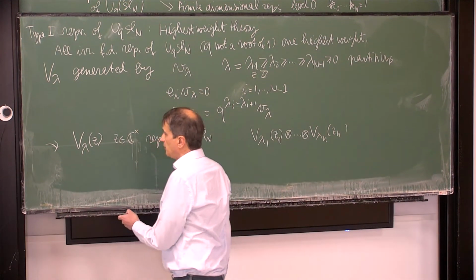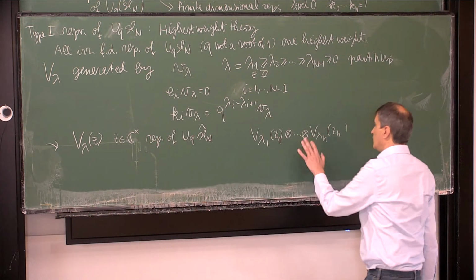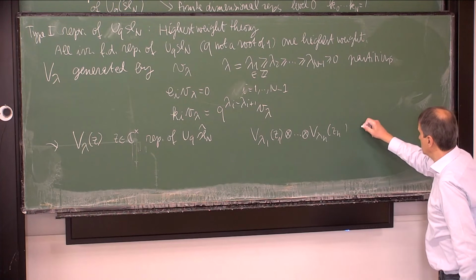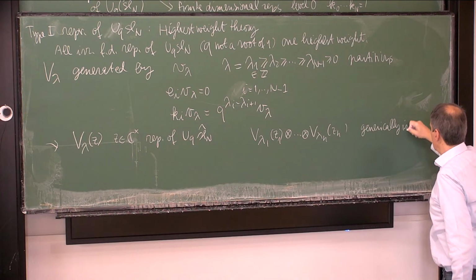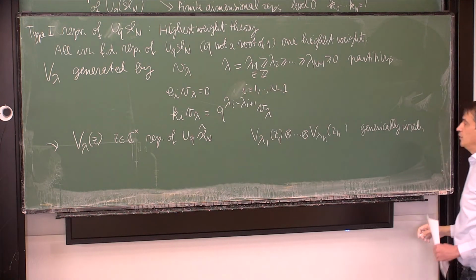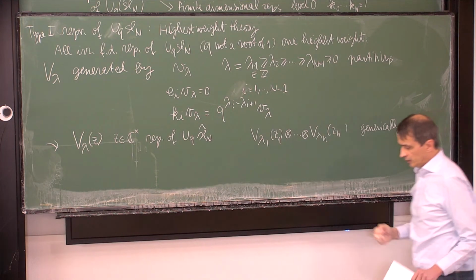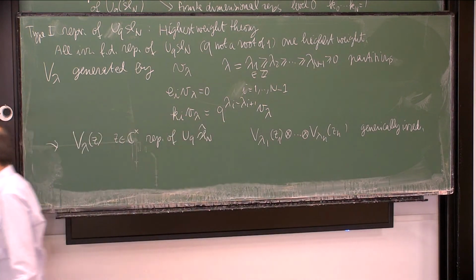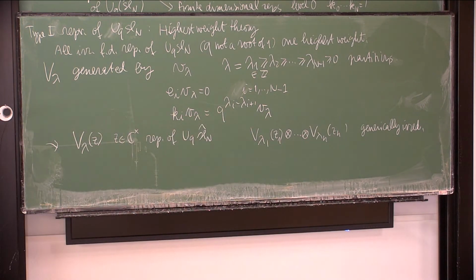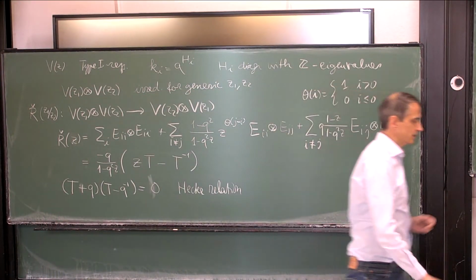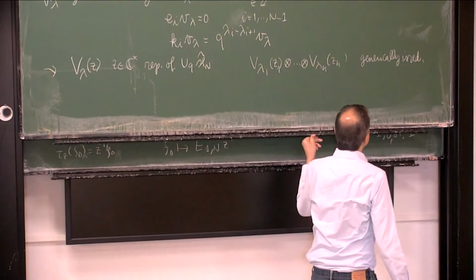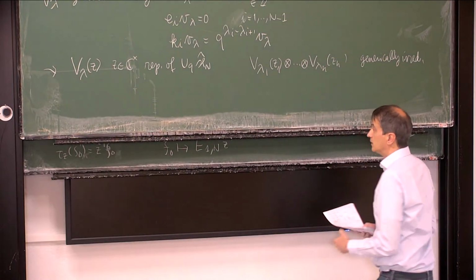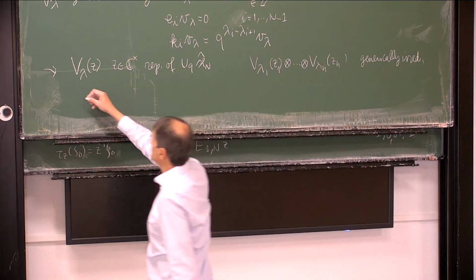All the representations, so for generic Z1 up to Zn, these are generically irreducible. Okay, but in the classical theory, you also know that the representation can be obtained from the vector representations by taking subquotients of tensor products. And this is this Schur-Weyl story.